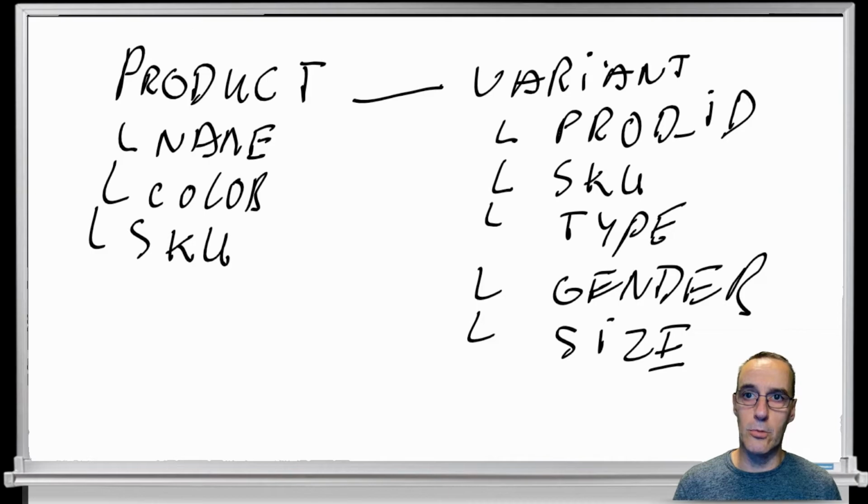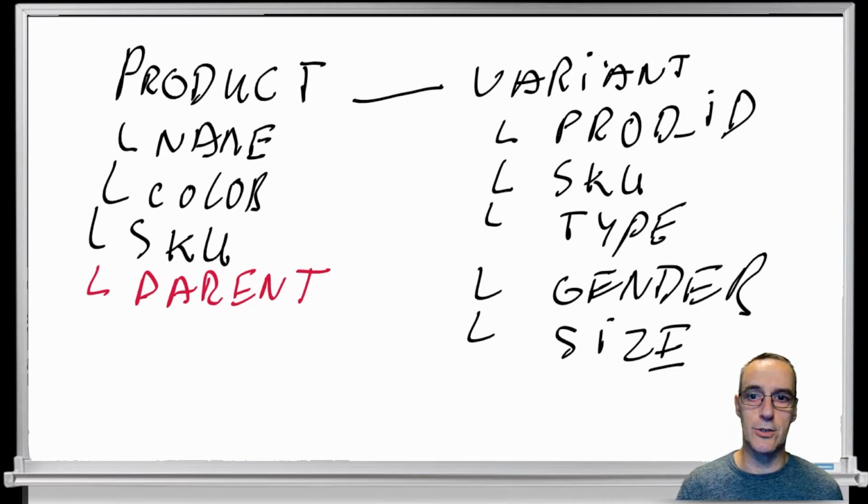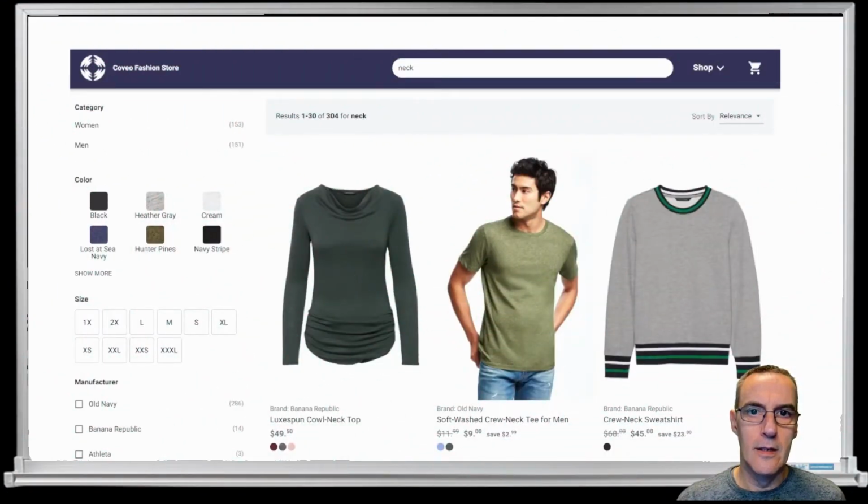It becomes even more complicated when you also have product groupings. So you have, for example, a parent metadata where you want to group the results together. An example of such a complicated search interface is shown here.